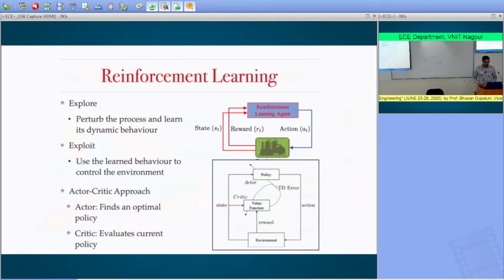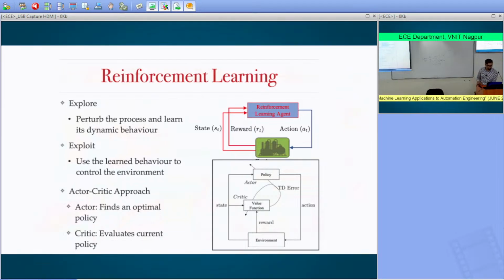This picture shows what I mentioned earlier. You have exploration. You probe the process and learn its dynamic behavior. Once you generate the data, you use it to get your process to behave the way you want it to.